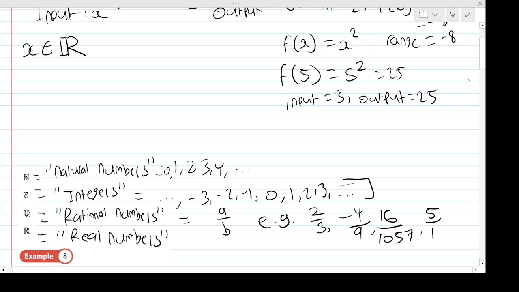So that would include stuff like root 2, because root 2 is irrational, which essentially means if you put that in a calculator, you would get a never-ending decimal forever. We can't write it down as a whole because it's just an infinite decimal. But it's root 2, which is an irrational.